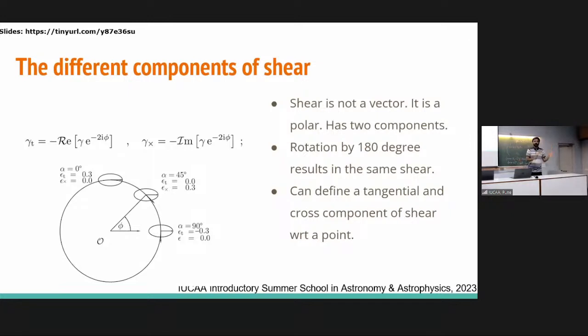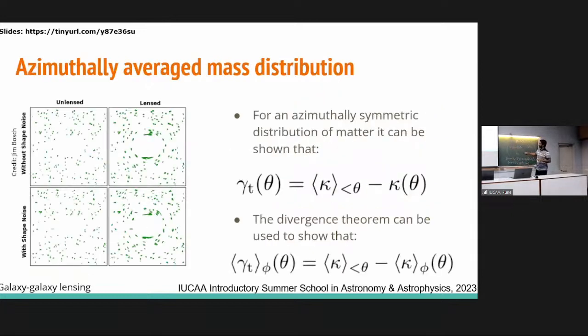But even if you don't have azimuthal symmetry, you can calculate the tangential shear and do an average. That average is still related to the average kappa less than theta and the average of kappa over that circle. Previously, in the azimuthally symmetric case, this is exactly the same for all phi, so it doesn't matter. That's why there is no phi.